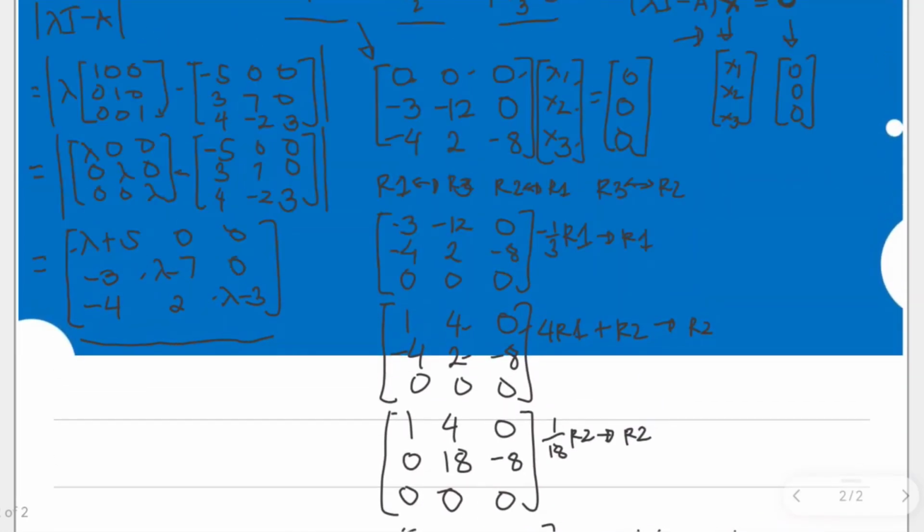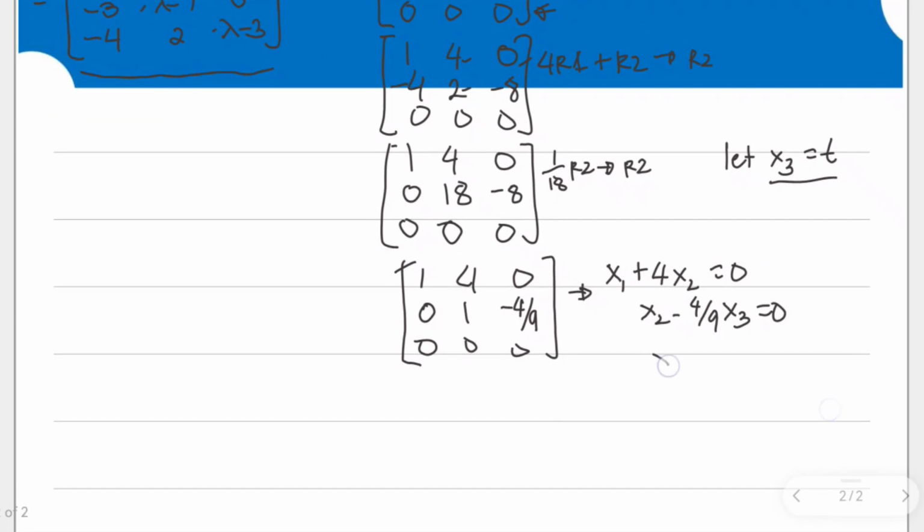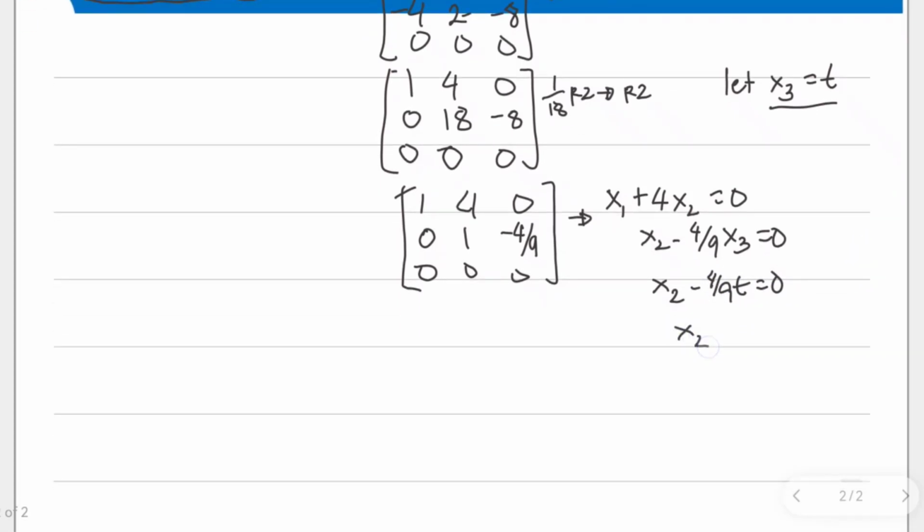Earlier, you were able to reach a row of zeros here. So we're going to let x sub 3 be an arbitrary variable or constant t. In short, your second equation will be x sub 2 minus 4/9 t equal to 0. So you have x sub 2 is positive 4/9 of t.